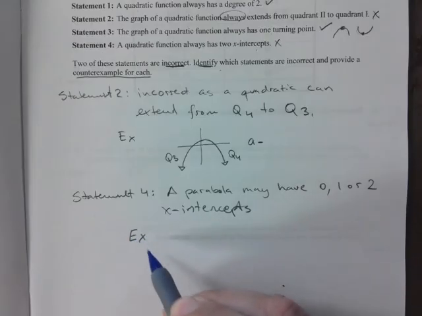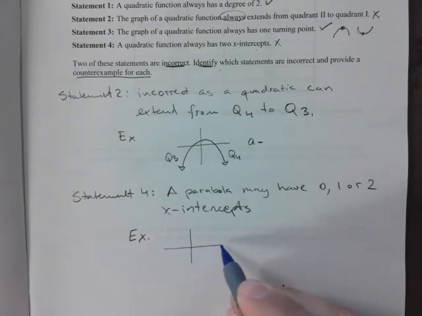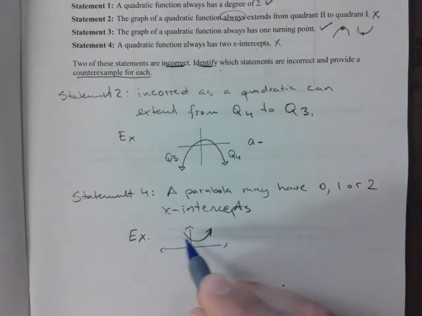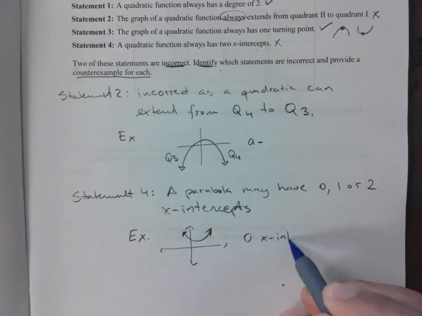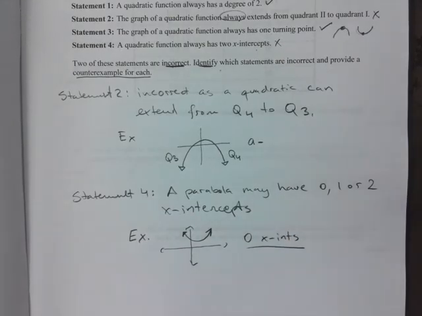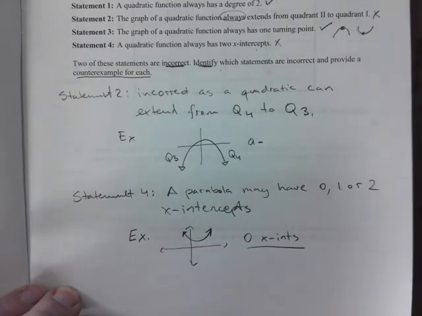You just have to give an example where it's not always 2. So you could do one of these and just have it not even touch the x-axis. Okay? 0 x-intercepts. That would be good enough. It can also have 1, and that's when the vertex is sitting right on the x-axis. Okay. 2 marks.